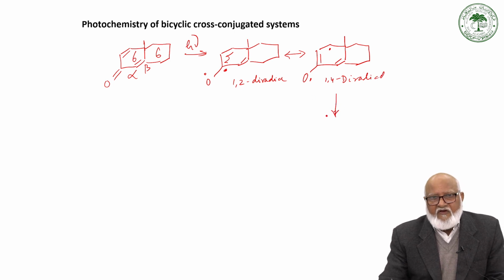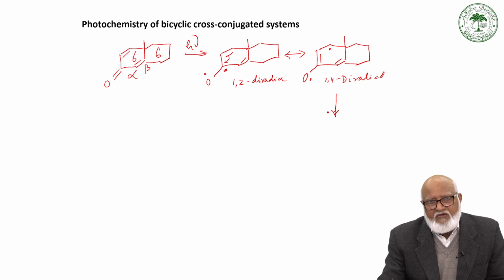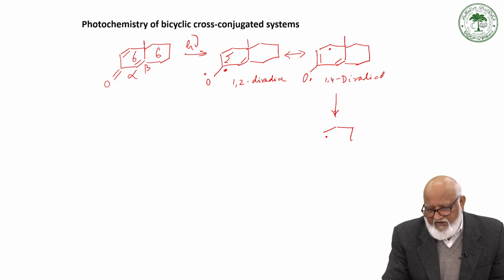We have already discussed in detail that the transformation of the 1,4 diradical enone system to a dipolar species is well known and well established, and it has been established by different trapping agents.